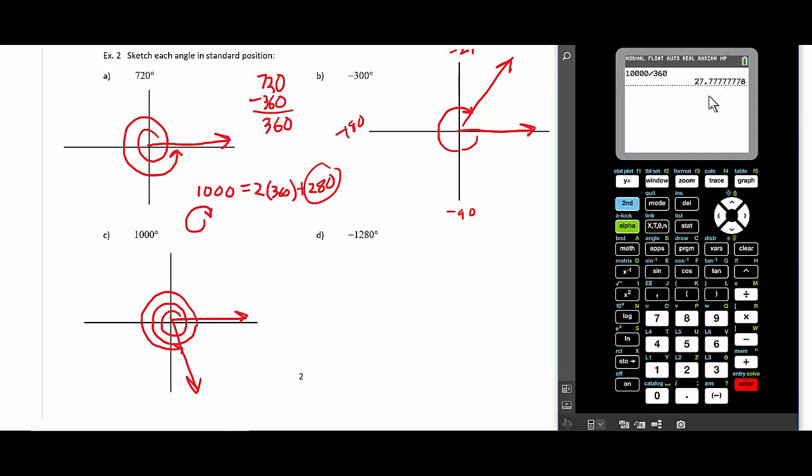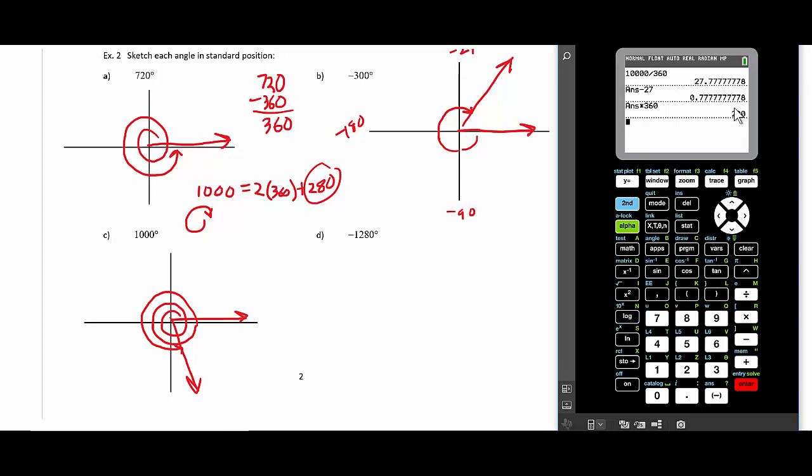What do you think the 27 means? It means you did 27 laps around the circle, right? And if I subtract 27, then what's left over is a percentage of a circle. So if you took that 0.77 times 360, then you would get this. So this would tell you that you go 27 laps around the circle and then 280 more.